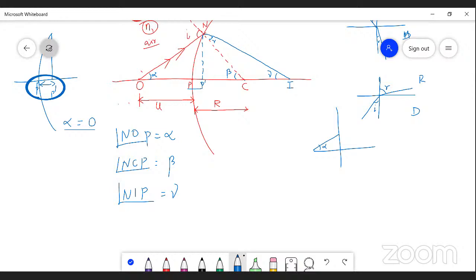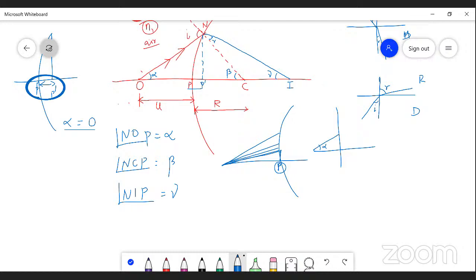Alpha is a very small angle, almost equal to 0, because of the first condition: the incident ray is almost parallel to the principal axis. For example, this is the surface, and these are incident rays. At the smallest angle, the incident ray meets the normal at point P, and P and P dash should converge, I mean, be the same point.